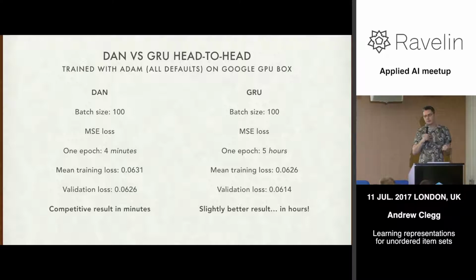useful here. The trouble is, one epoch of a GRU takes like 5 hours to train using Adam on a Google GPU instance with this amount of data, whereas one epoch of a DAN, which doesn't do as well, but is comparable, takes like 4 minutes to train.